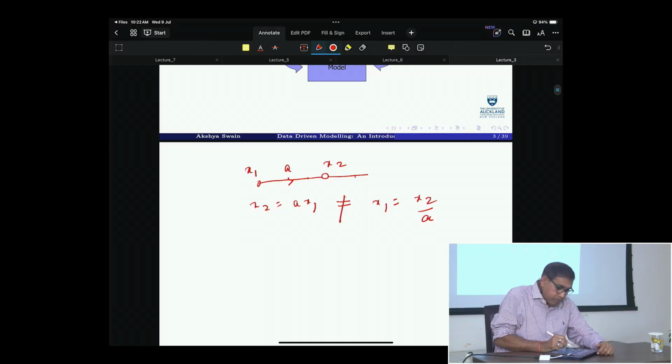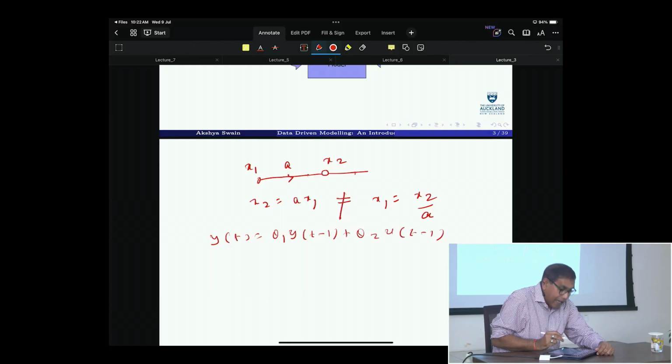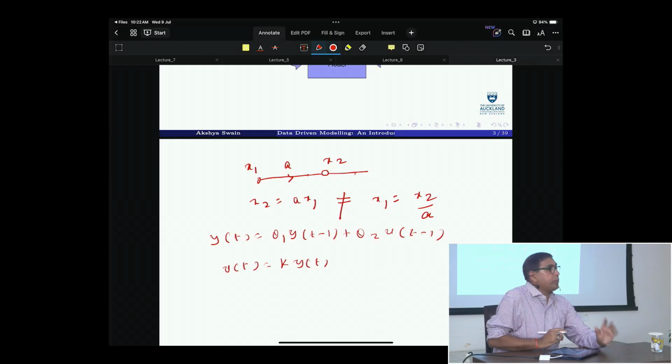Equations, you see here, I'm just giving an example. Suppose the system is yt equal to theta 1 yt minus 1 plus theta 2 ut. This is the actual system. I use a feedback ut equal to k into yt.